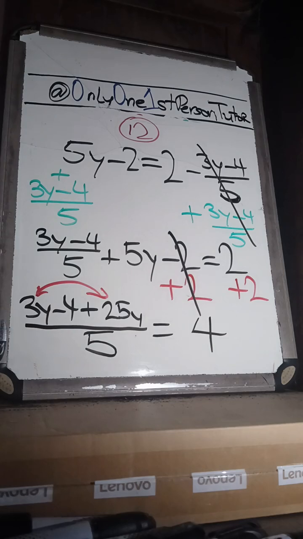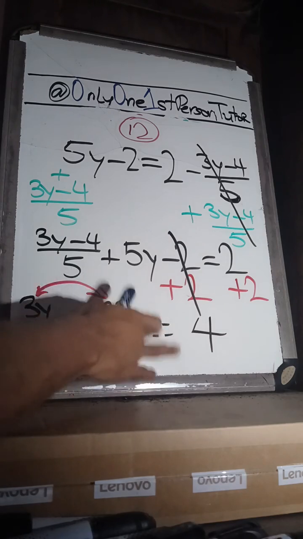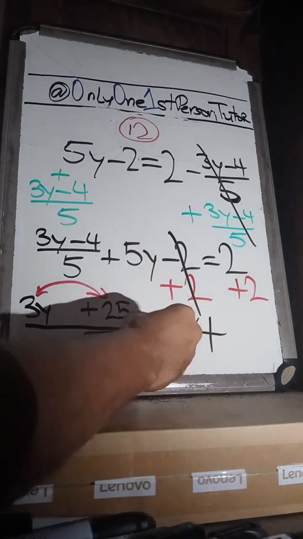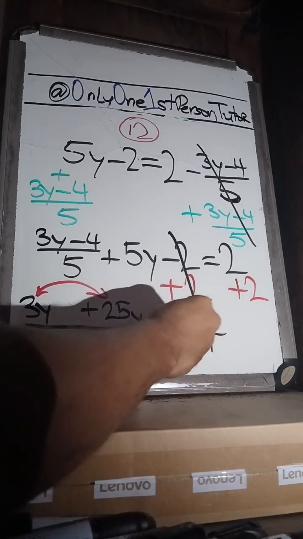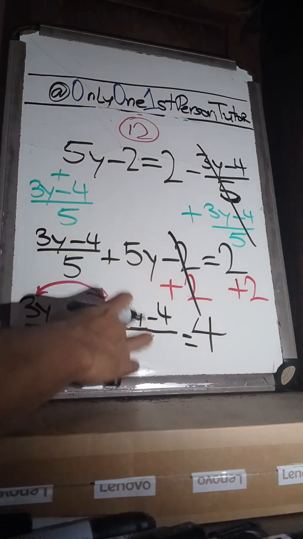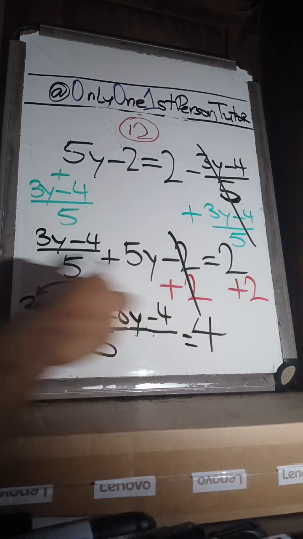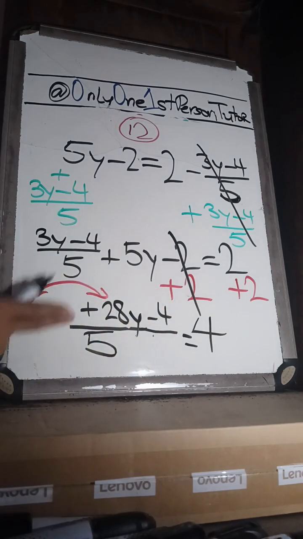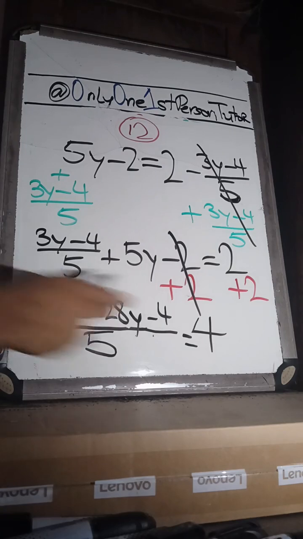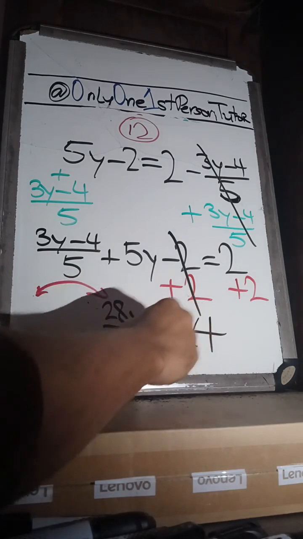So we can put them together by doing this. If we do this and put the minus 4 upon the other side, then you can see it a lot clearer, right? So now this becomes 28y minus 4 over 5.